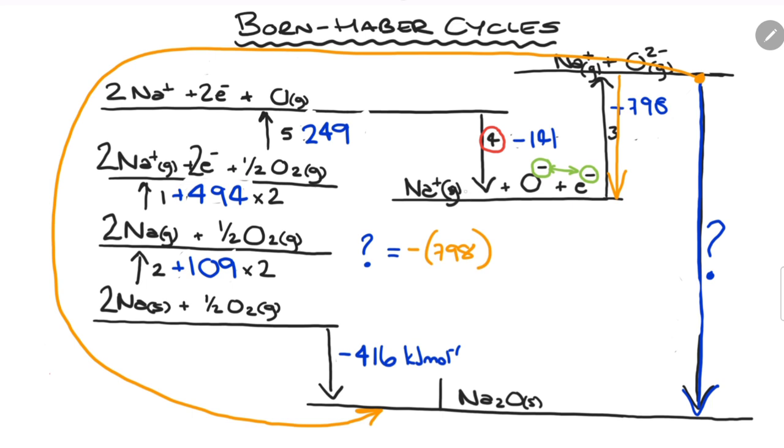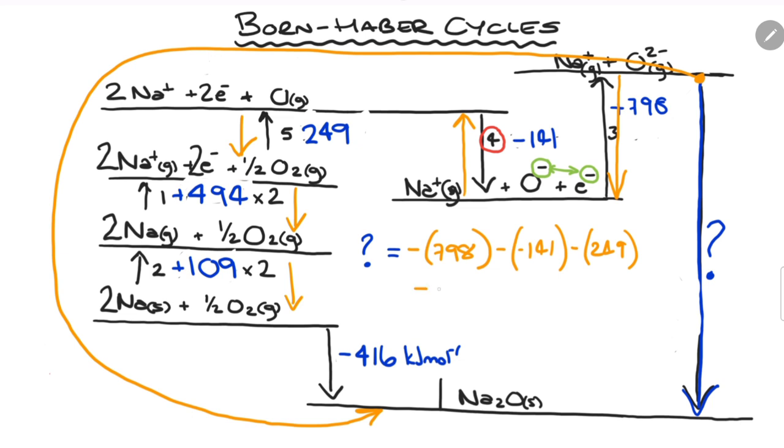Likewise, if we follow the steps going backwards, we would have to change the sign of the 141. So that will become negative minus 141. Obviously, we would then ultimately get a positive. We would then continue going downhill here this time. That 249 arrow is in the wrong direction, so we would subtract that value, subtract 249. The next step is also in the wrong direction, as is the subsequent one.